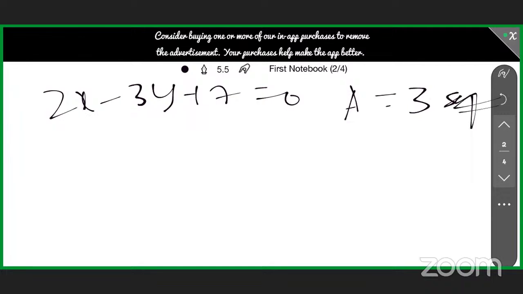So one straight line is perpendicular to this line, 2x minus 3y plus 7 is equal to 0. And this straight line is cutting the coordinate axes.